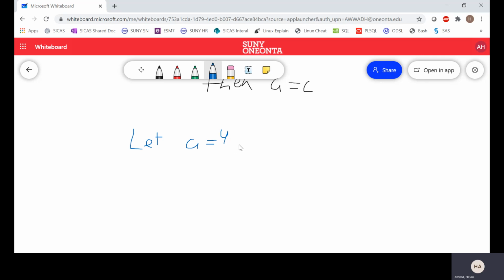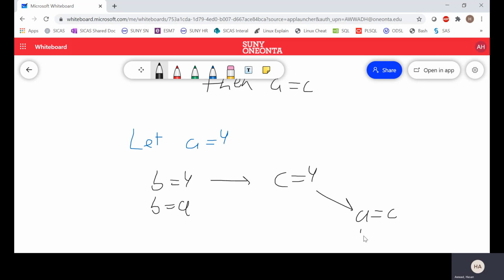Well, if A is 4 and A is equal to B, then B should also be 4, right? Because B is equal to A. And then also we know that B is equal to C, right? So if B is 4, then that means C is equal to 4, right? And then the last step is that A is equal to 4, B is equal to 4, C is equal to 4, so finally A is equal to C because 4 is equal to 4.